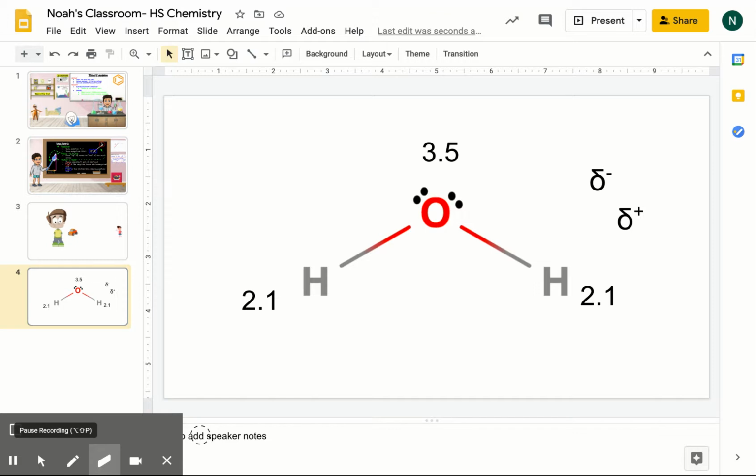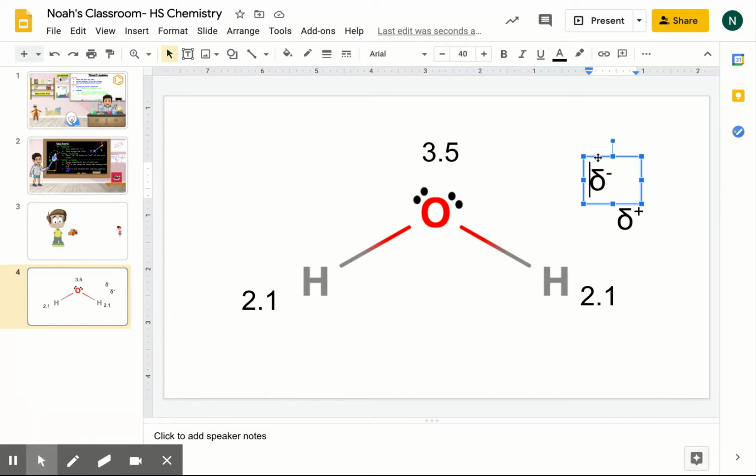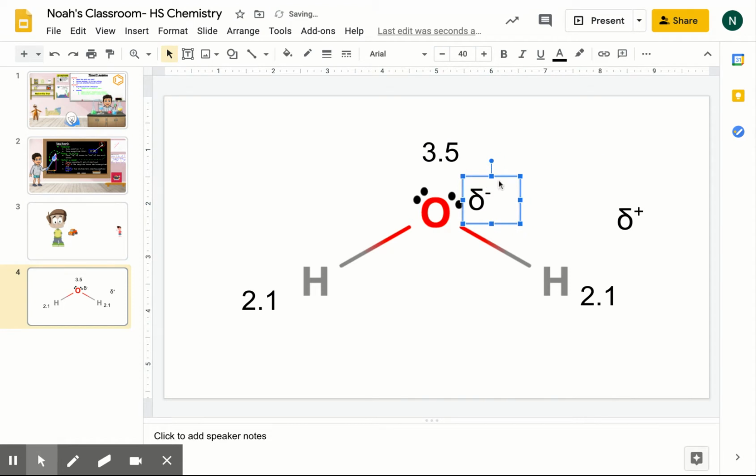So remember, these electrons aren't totally getting ripped off and slapped onto the oxygen, but they're just going to trend more towards it. So it creates a partial charge on the oxygen, meaning that because there's more electrons on the oxygen, oxygen is going to have a partial negative charge, and each hydrogen is going to have a partial positive charge.